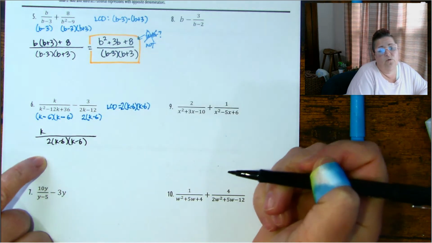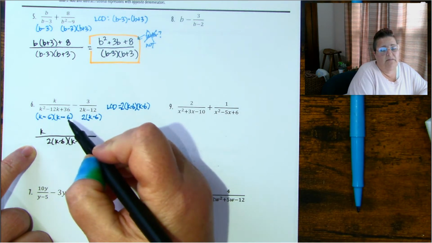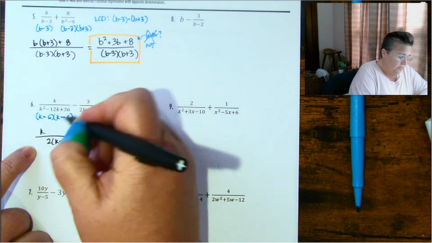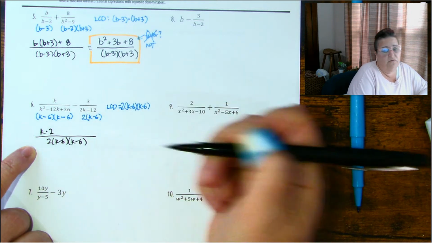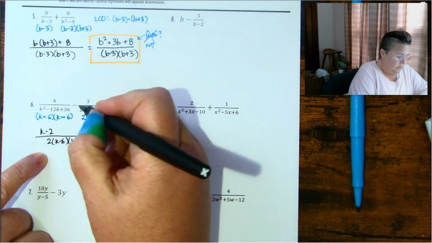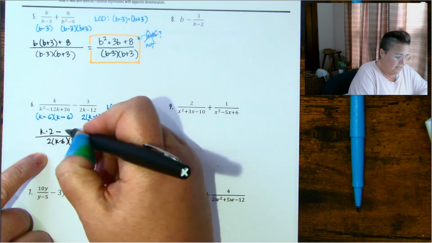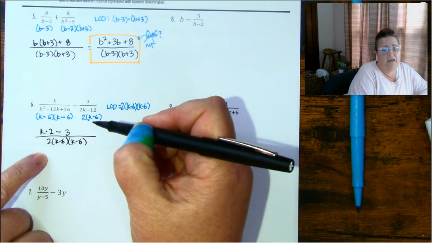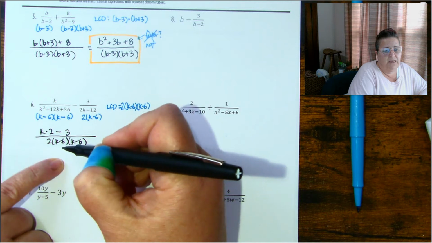So with my first numerator being a k, it was over k minus 6, k minus 6. The only piece I'm missing is the 2. So to build this fraction up so it fits over that denominator, I will need to multiply the k by 2. The subtraction sign stays, as does the 3. The 3 was over 2 and a k minus 6.